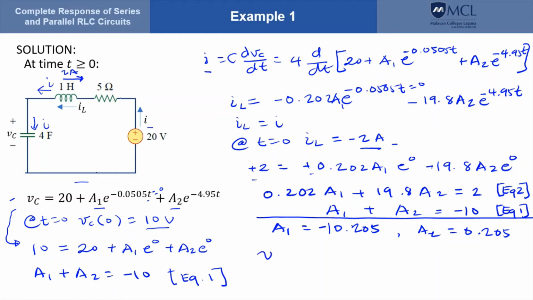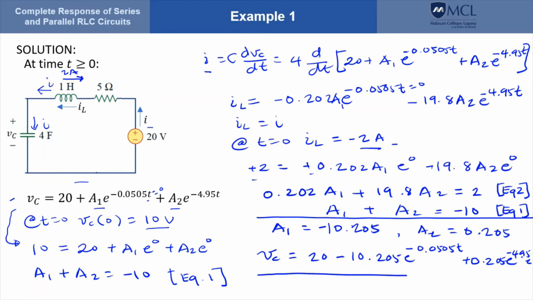And finally, we could write our complete solution as 20 minus 10.205 e to the minus 0.0505 t plus 0.205 e to the minus 4.95 t. Okay, so this is our solution for the voltage across the capacitor.